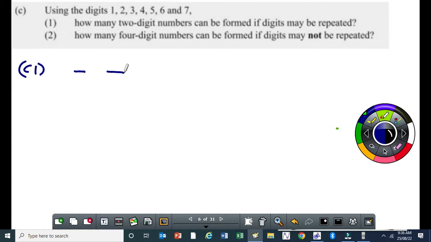If repetition is allowed, how many digits can take the first position? There are 7. And the second position? Another 7. Then we use the fundamental counting principle, so this will be 7 squared, which is 49. So that will be 49 2-digit numbers.